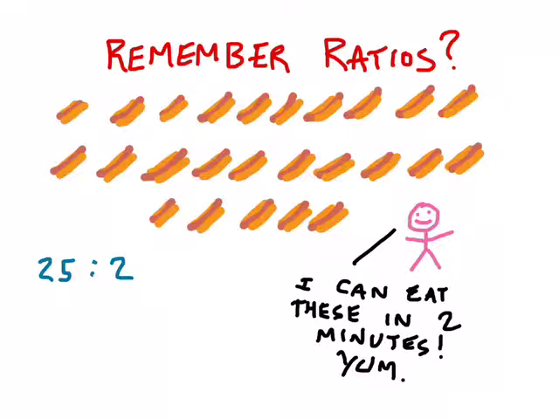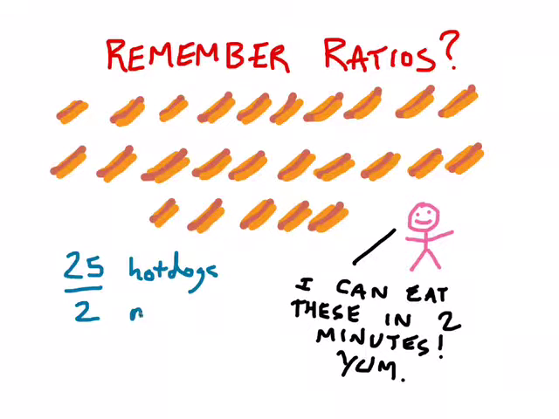But the way we're going to be really focusing on writing our ratios is as fractions, because as fractions we can set up proportions and cross multiply. So the ratio I would give would be 25 to 2, 25 hot dogs, keeping in mind our units, really important to know what units we're dealing with, 2 minutes. 25 hot dogs in 2 minutes, and that's a ratio.